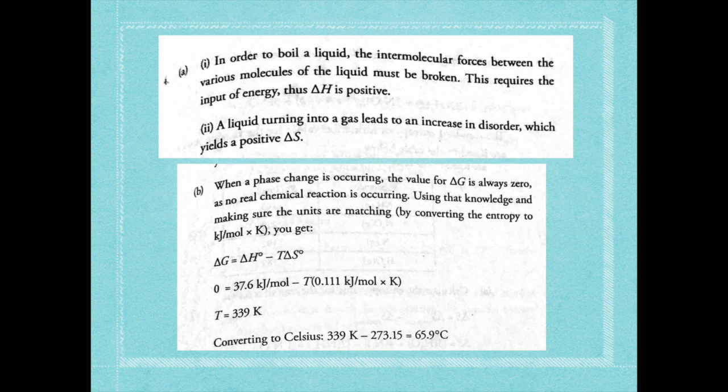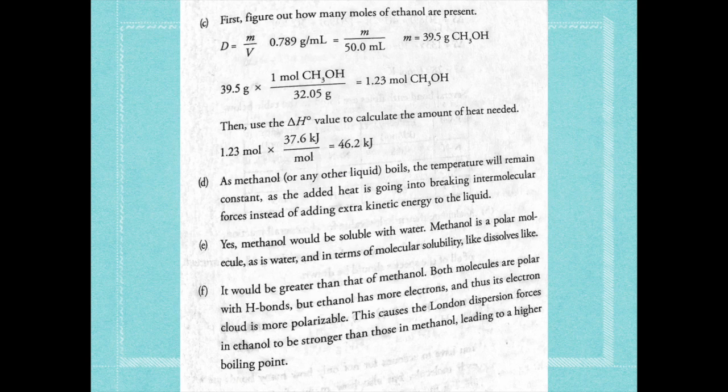You need to convert that into kilojoules, okay? And then I'm going to just plug that in and solve for T. So I get, for my temperature, 339 Kelvin. Remember, it does ask it in degrees Celsius, so I'm going to subtract 273. If you get 66, that's fine. It doesn't have to be 65.9, because we use 273 in our class.